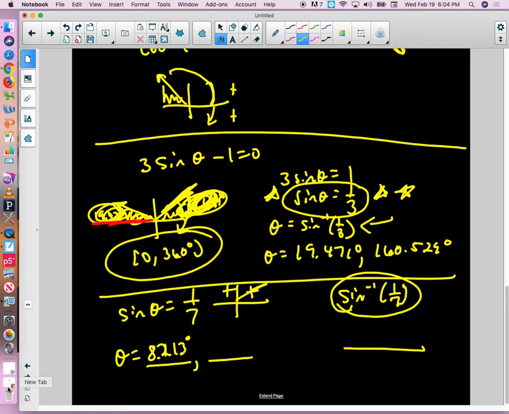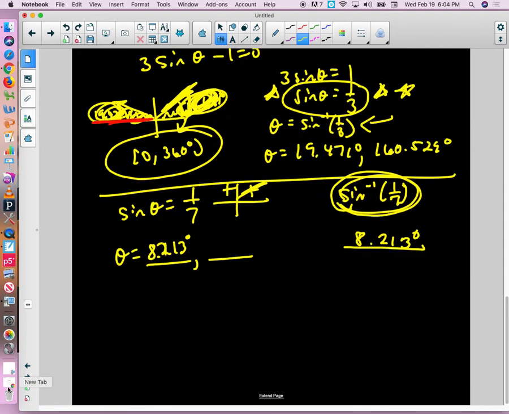And inverse sine can only find me this one. But if it's asked this way, your only answer is 8.213. So if you're on the inverse trig function, you obey these first and fourth quadrant for inverse sine and tangent, and first and second quadrant for inverse cosine. Homework, let's see, make sure I've done everything you need to see.